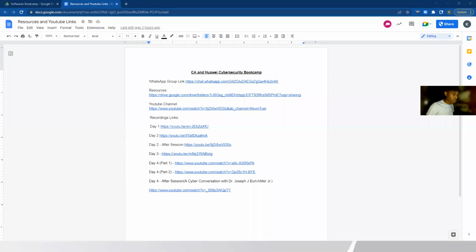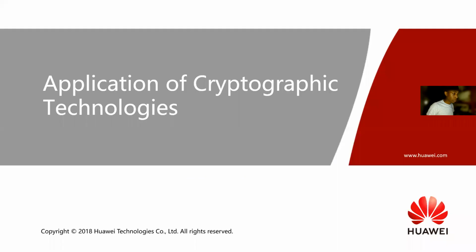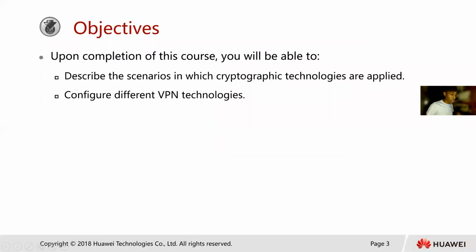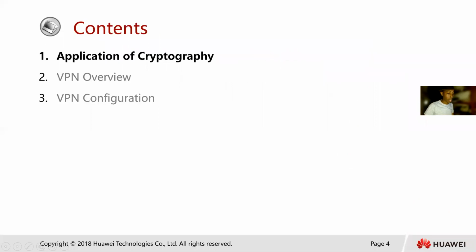So as I was saying, let me share my screen. There's one slide that I have not looked at in module 4, but I'll just brush through it. It's called application of cryptographic technologies. It is mainly used in different scenarios, as well as in some of the VPN technologies.